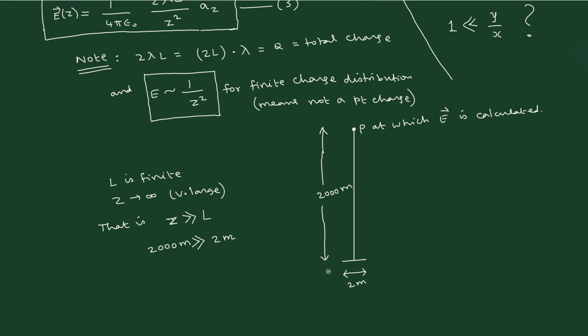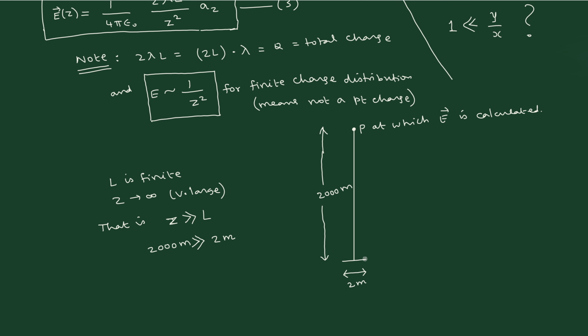So finally what happens? You have to think carefully now. When you are standing near the wire, you can see the length of the 2 meter long wire. And when you go far away, 100 meter, 200 meter, how will the wire look? You won't feel that length. You feel as if it is a small dot, isn't it? Even though it is a long one, when you are moving away, 2000 meter means 2 kilometer.